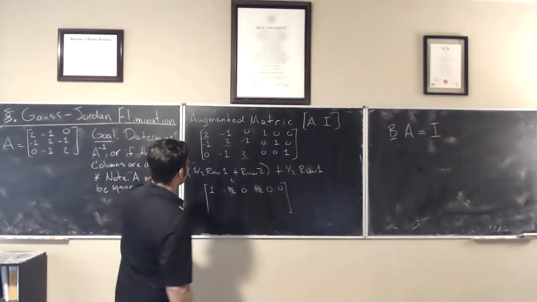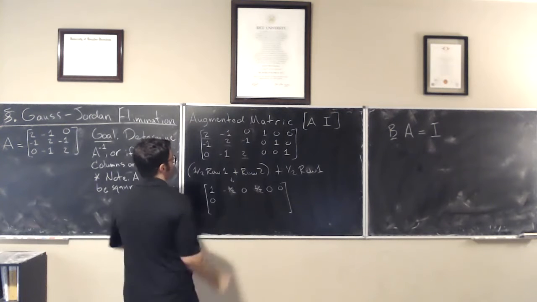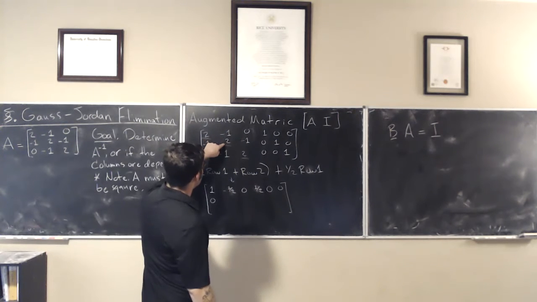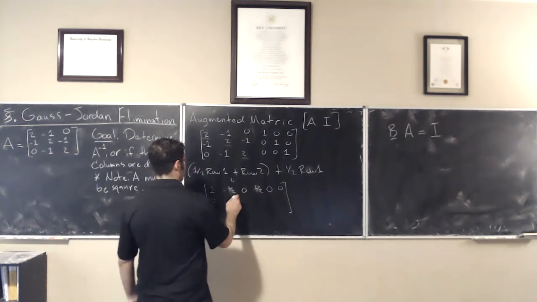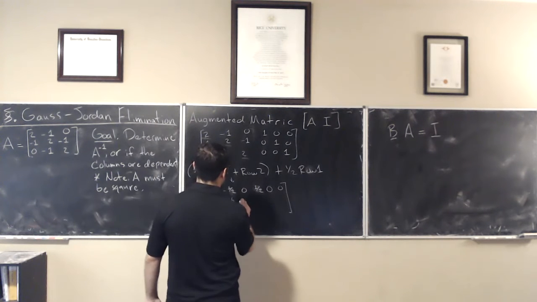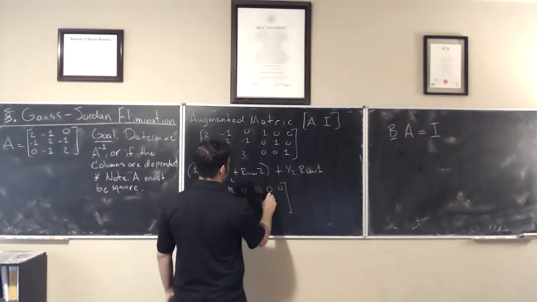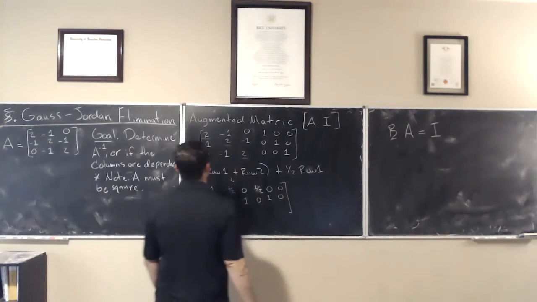And if I added that to this row, I get 0. So minus a half plus that's 3 halves. This negative 1 stays the same. 0, 1, 0.